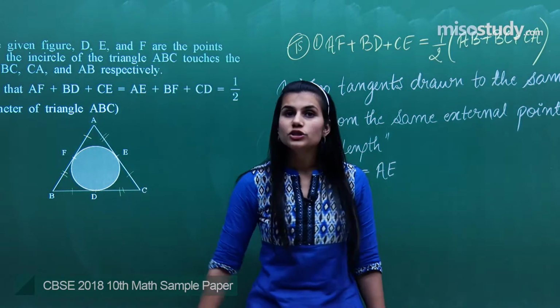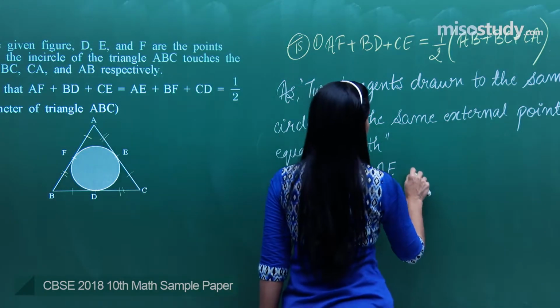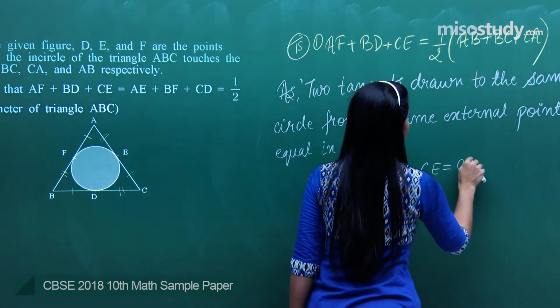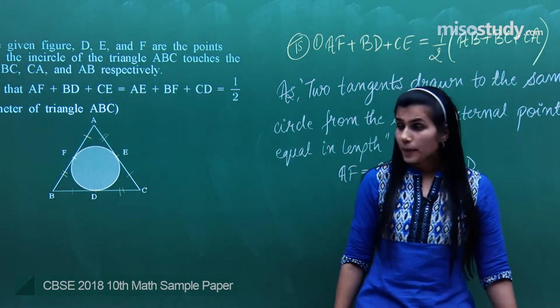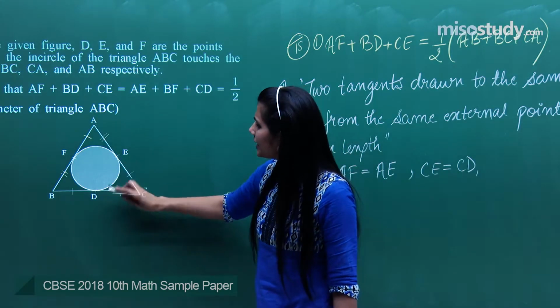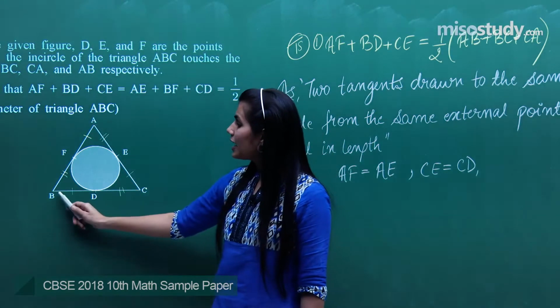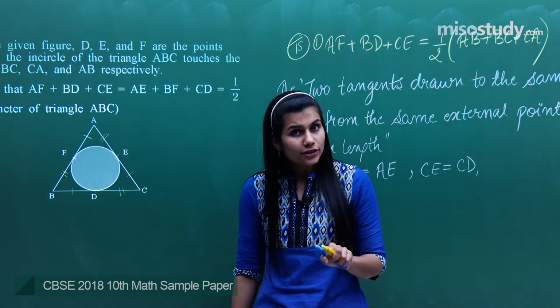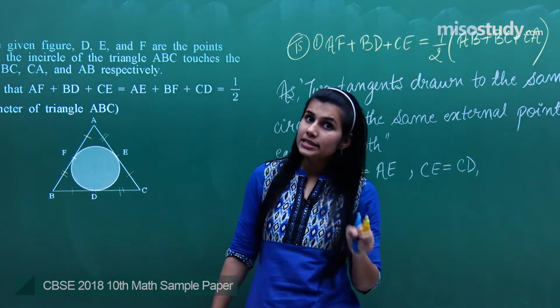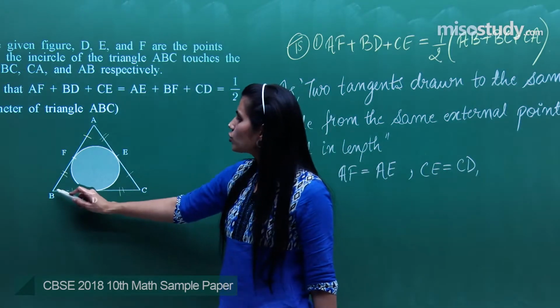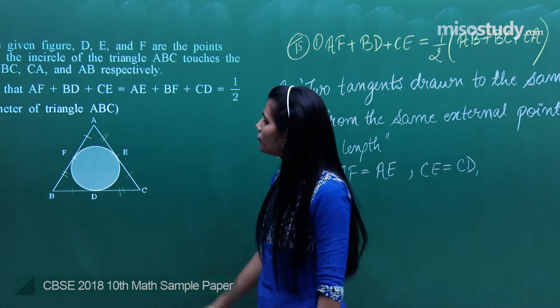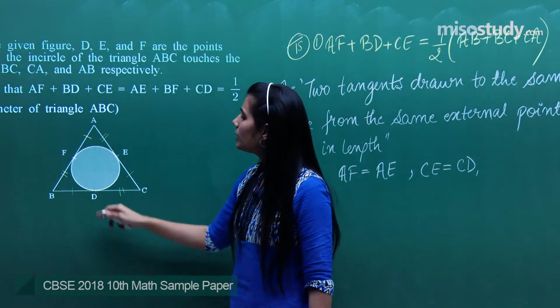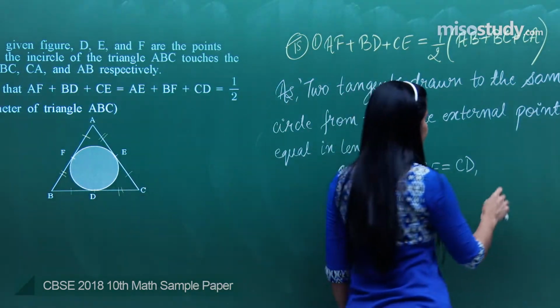CE will be equal to CD. Further, from B, BF and BD are two tangents drawn to the same circle from the same external point B, and so BF will be equal to BD.